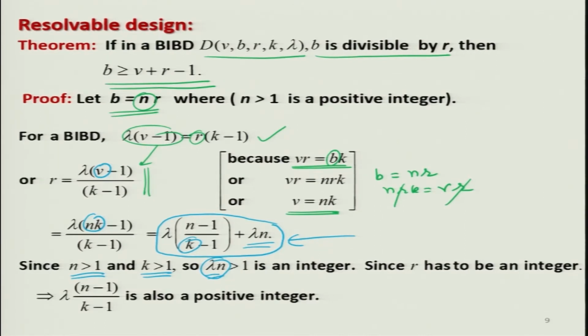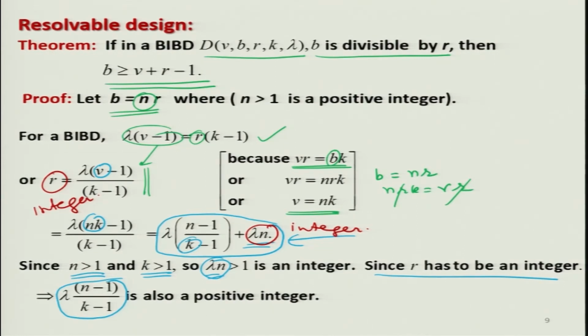Now, since R has to be an integer, I can say that this term, lambda into N minus 1 upon K minus 1, is also a positive integer. If I say the same thing, you can see that R is going to be an integer, and lambda into N has to be an integer because lambda and N are the number of times.